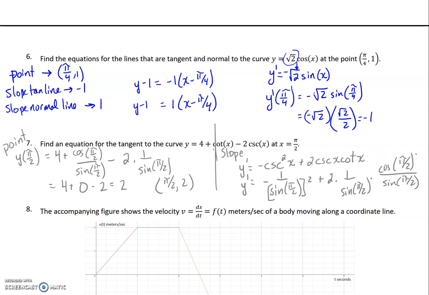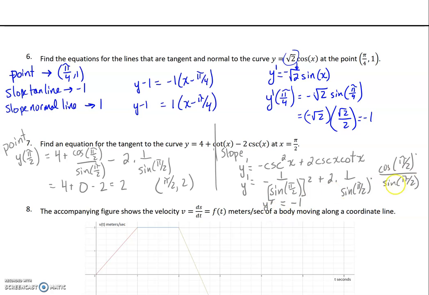This whole thing, this piece over here, this whole kit and caboodle, that just goes to 0. So that means I can ignore that. That all goes to 0. The negative 1 over the sine of pi over 2 squared: the sine of pi over 2 is 1, 1 squared is 1. So the slope here is negative 1. Y prime at pi over 2 is just negative 1.